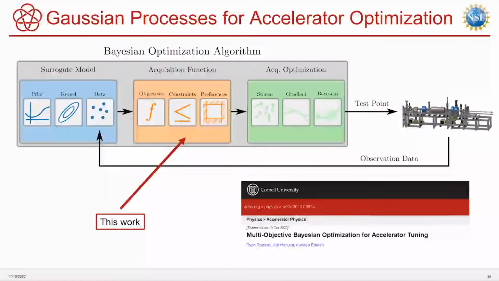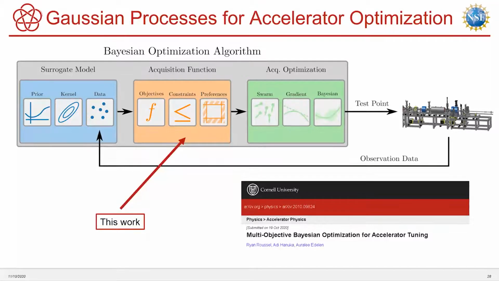So just to put everything together, I've demonstrated how we take normal single objective optimization and adapt it to the multi-objective case. I've also shown how we can modify that acquisition function in order to solve problems such as adding constraints and taking into account costs of parameter changes.